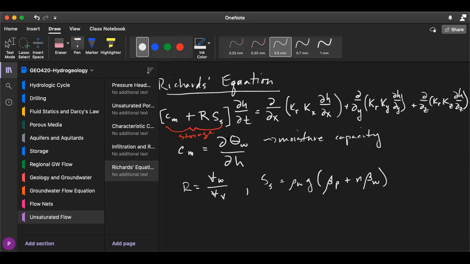So let's look at what happens to Richards equation as we get to the saturation point.